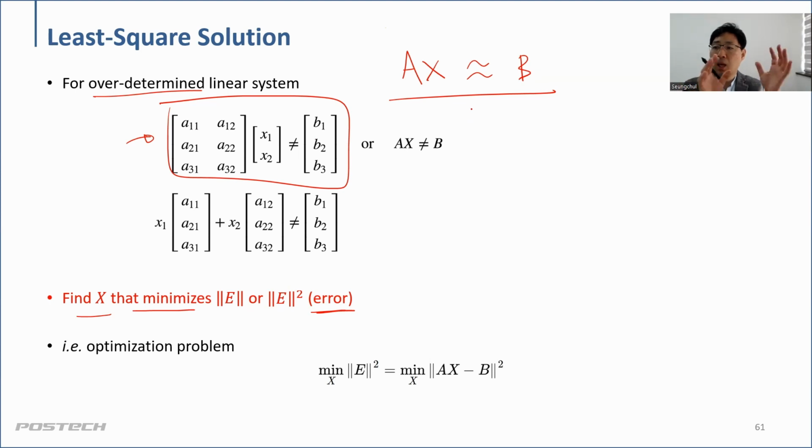I want A times X and B as close as possible. I want to find X. So AX minus B, I want to minimize by changing the value of vector X.